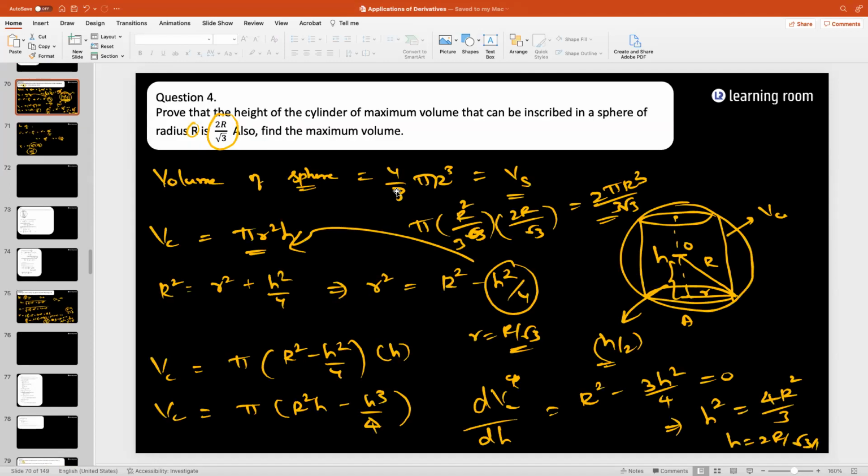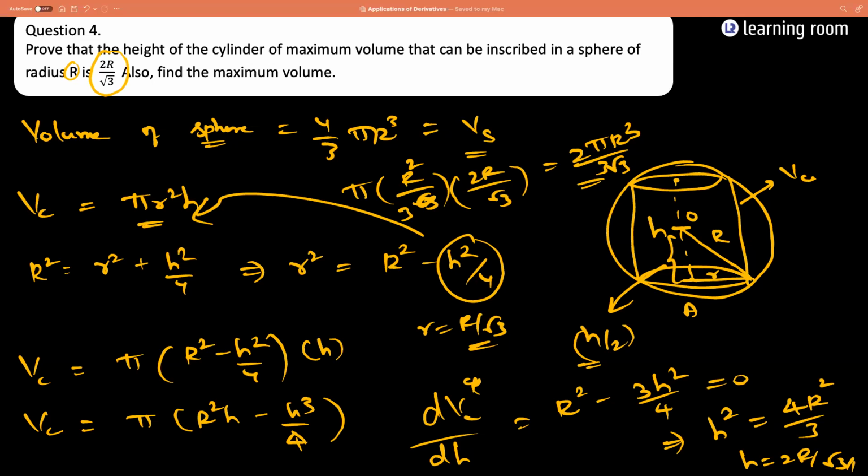I'll tell you how to analyze the question. Look at this. They told: prove that the height of the right circular cylinder of maximum volume that can be inscribed in a sphere of radius capital R. So first, what you need to know is which is fixed and which is variable.